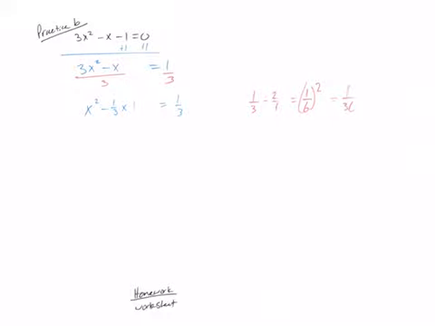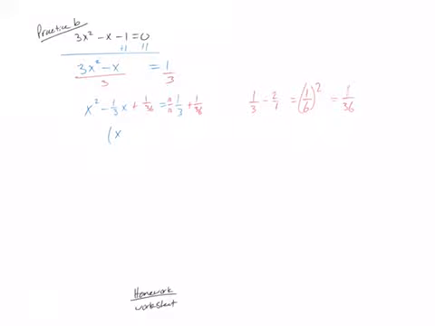And then I'm going to add that to both sides. If I multiply this one right here by 12 over 12, the left-hand side will come out to be x.